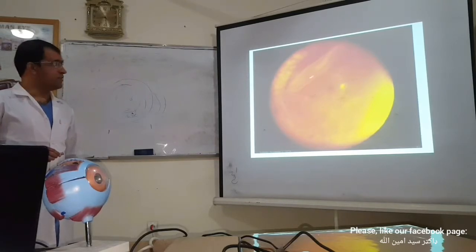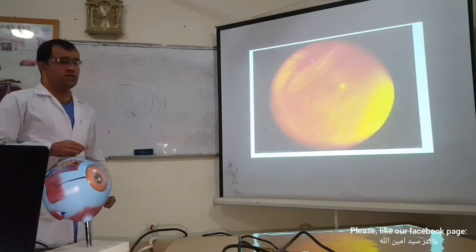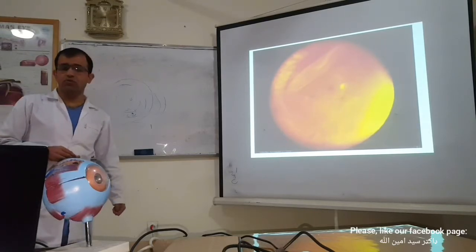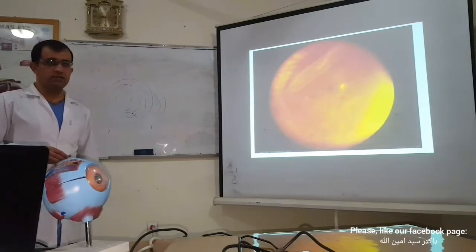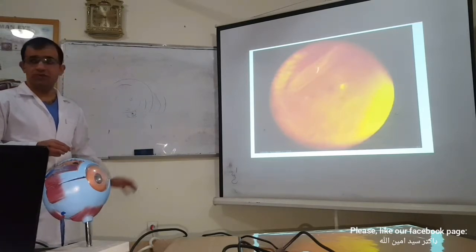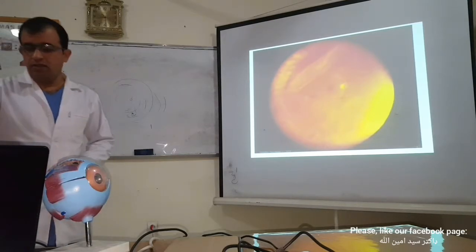This is the fold which was made from the retinal tissue, and this is the inner portion of the tear, and this is the fold. So the inner portion of the tear is going to be colored with red, and this fold is going to be colored with blue. In the next drawings, when I showed it to you, you must understand that this structure should be something like this.